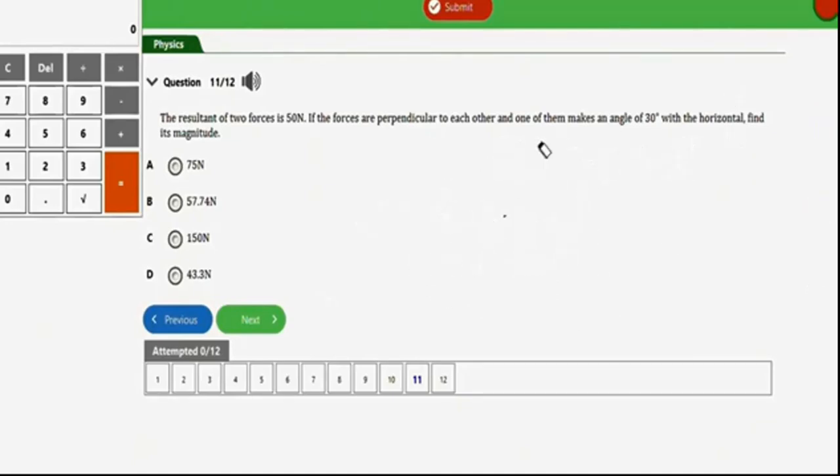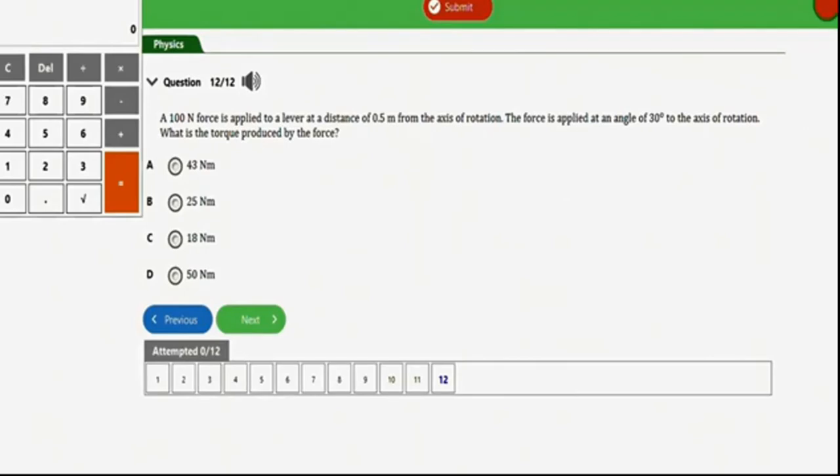So the last repeated question will be this question. It says 100 Newton force is applied to a lever at a distance of 0.5 meter from the axis of rotation. The force is applied at an angle of 30 degrees to the axis of rotation. What is the torque produced by the force?